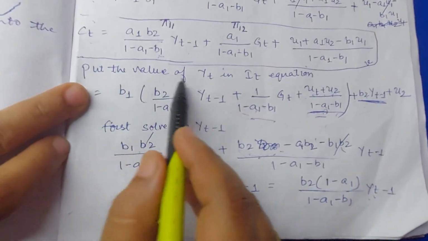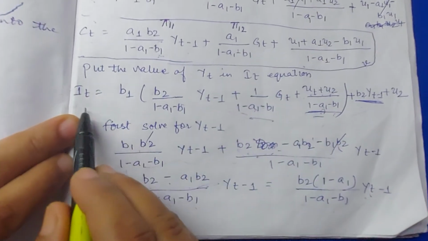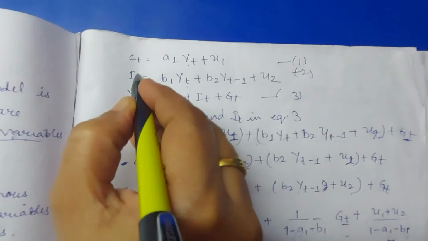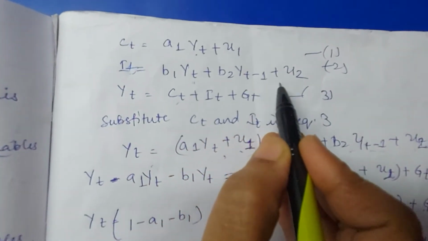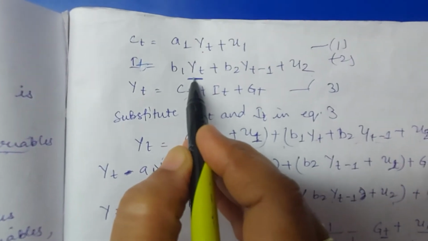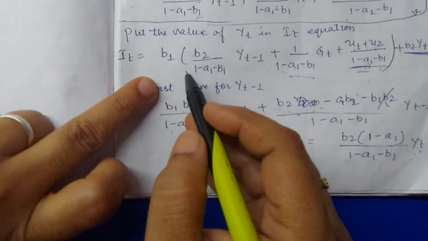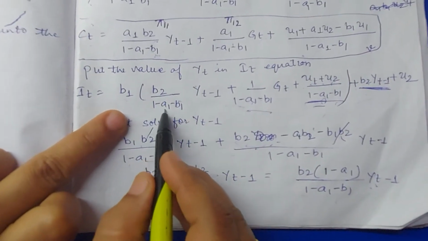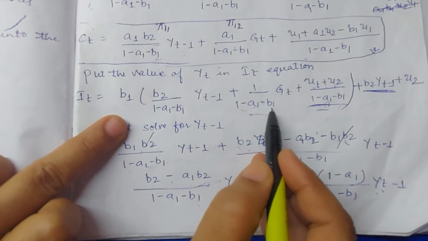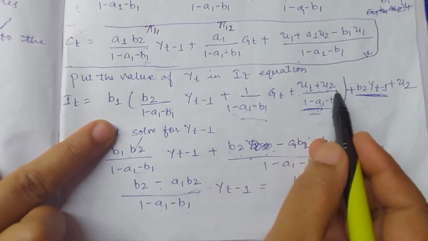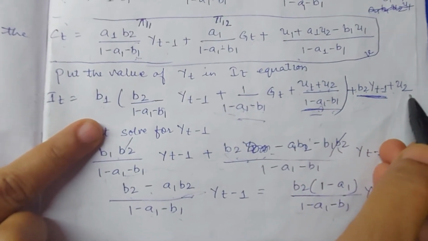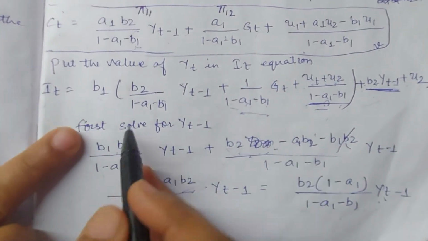For this again we put the value of Yt in the It equation. It is equal to b1 Yt plus b2 Yt minus 1 plus mu2. So we will put the equation of Yt which we have just solved into the It equation. So we have b1 b2 upon 1 minus a1 minus b1 Yt minus 1 plus 1 upon 1 minus a1 minus b1 Gt plus mu1 plus mu2 upon 1 minus a1 minus b1, plus b2 Yt minus 1 plus mu2. Now we will solve it one by one.